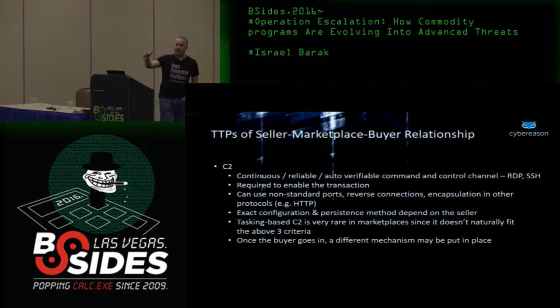So a tasking-based C2, especially proprietary ones that are built by the attackers, are not necessarily a great fit for this type of offering. Even threat actors that have custom tasking C2 packages typically add RDP-based or SSH-based functionality prior to transacting on these machines to make the transaction a lot more smooth.